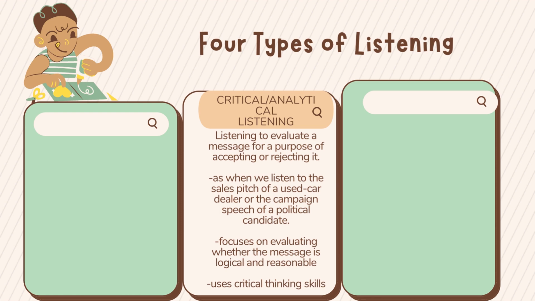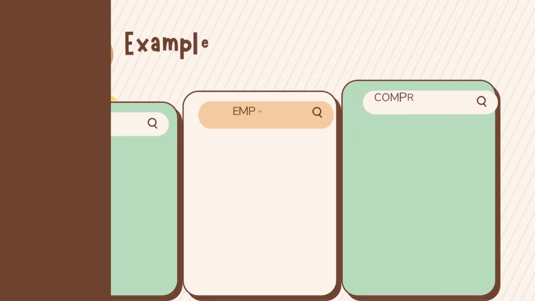Okay? And also we use the critical thinking skills that we have whenever we are critically and analytically listening. And so, those are the four types of listening. Okay, namely appreciative listening, empathic listening, comprehensive listening, and lastly the critical analytical listening.